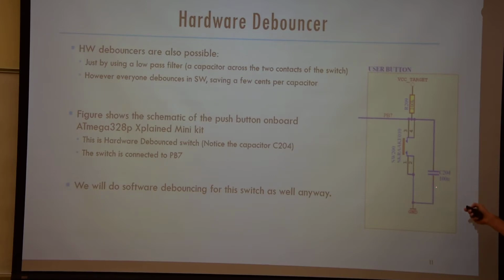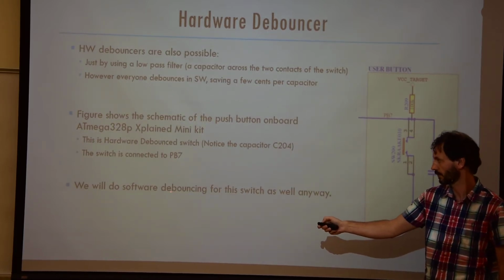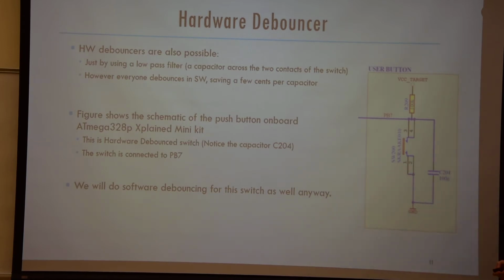It effectively filters out that noise for you already in the hardware. Now this costs you 1 extra capacitor, and sometimes you may want to save a few cents and then do what we just did in software, right? Create a software debouncer. Alright, so those are the pros and cons. Now, what I'd like you to do is software debouncing anyway, because it's a good thing for you to learn how to program that.